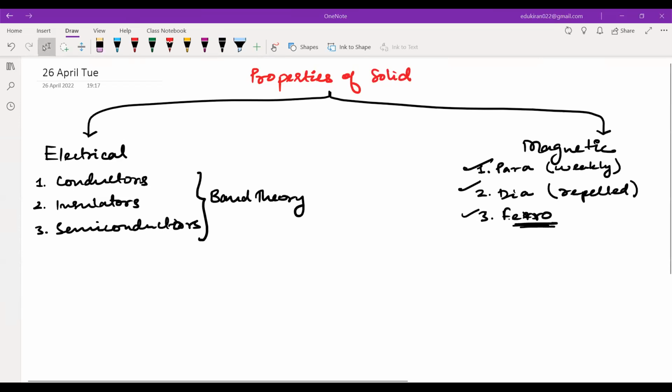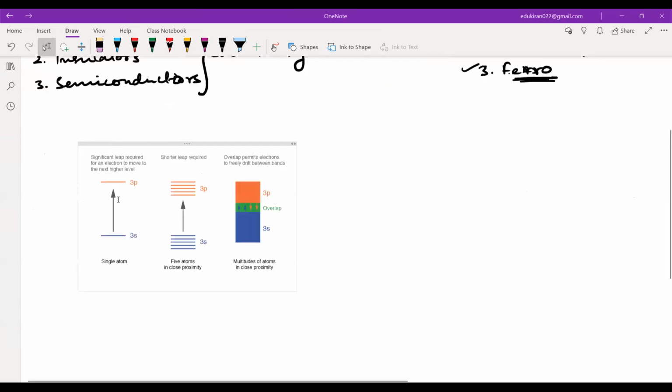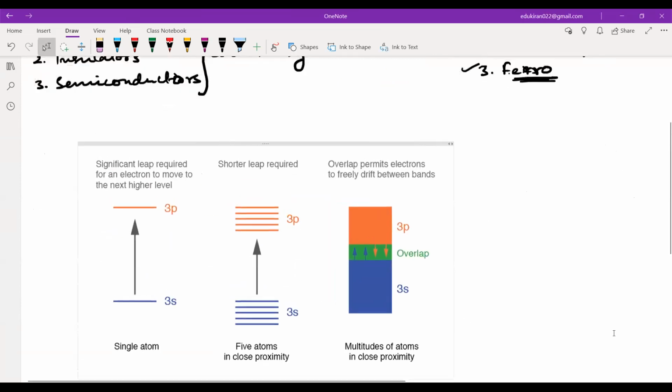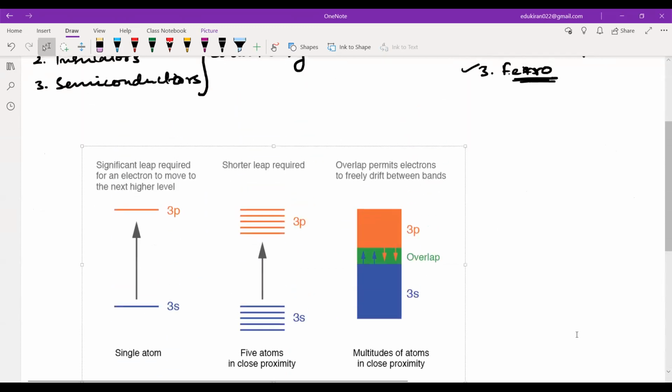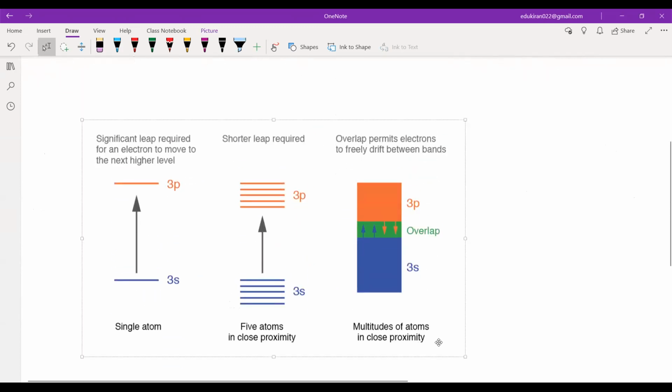Band theory can be explained by this image very effectively. This is the topic, band theory.